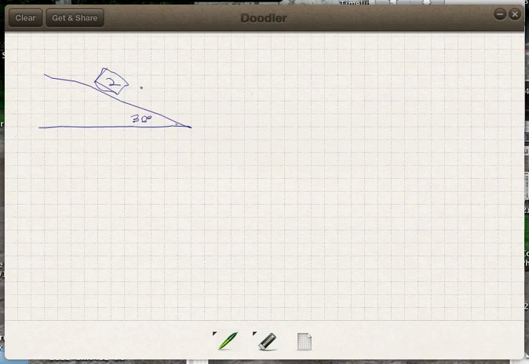Let's just put 2 here. We have a pulley with string, some tension, and 1 kilogram below. That was awful. Here we go.